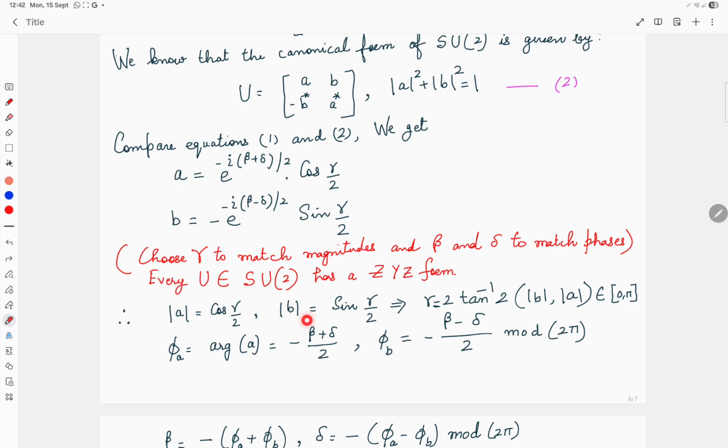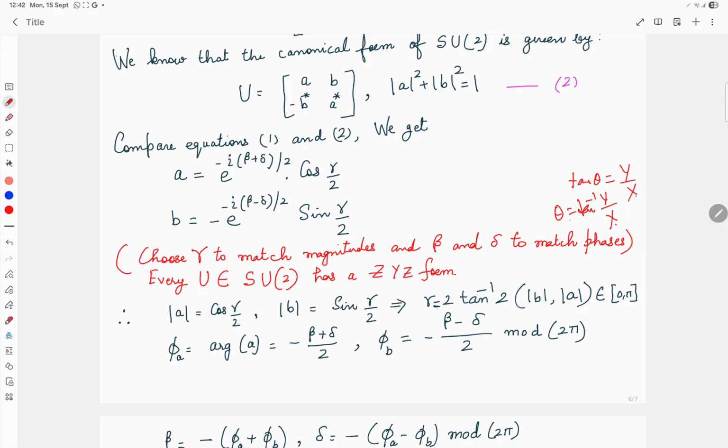Gamma will be given by twice arctan, the inverse of tan, of mod B comma mod A. Actually, we know that tangent theta is y by x, so we can find theta as tan inverse y by x.